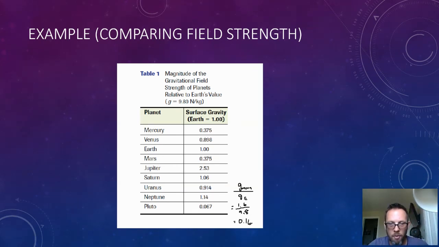So the moon has a gravitational field strength on the surface of like 16% that of Earth. Pluto is 7%. So very loosely speaking, gravity is stronger on the surface of the moon than on Pluto. So why are we calling Pluto a planet? I don't have a stake in the game one way or the other. I don't really care if Pluto's a planet or not. But I just found that interesting to share with you guys.